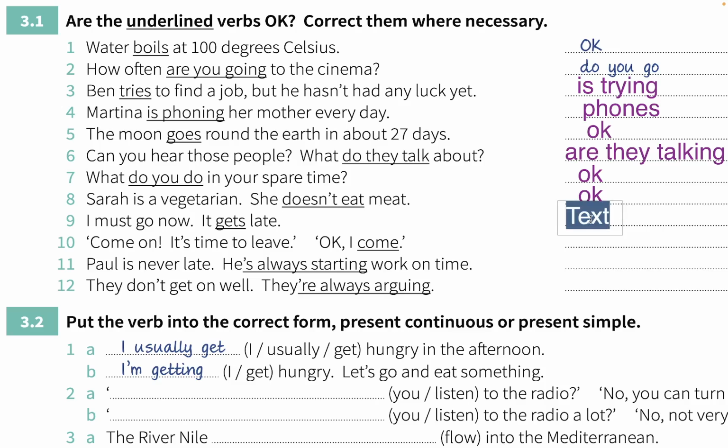It gets late. It's supposed to be getting late. Yes. It's getting late. Number 10. Come on, it's time to leave. Okay, I come. I'm coming. Yes, I'm coming. Correct.